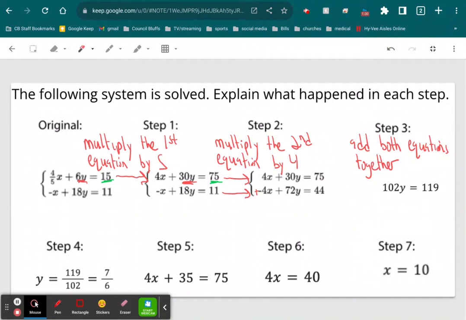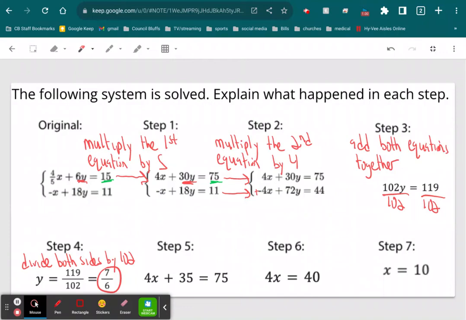So step 4, they divided both sides by 102, and they got y equals 7/6.